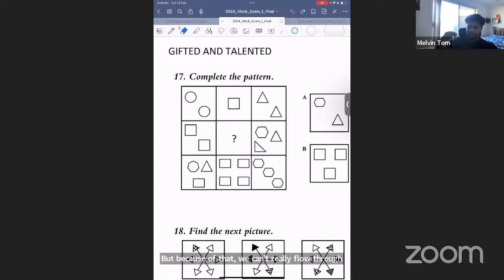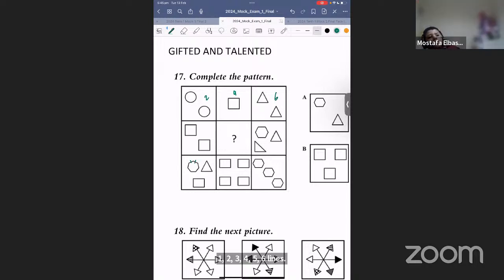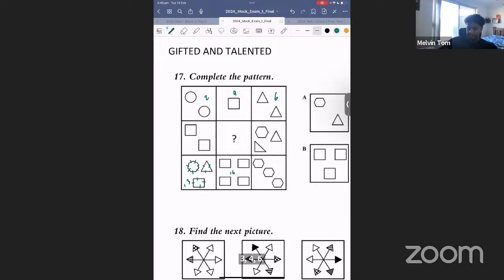So next, let's look at sides, or lines: the number of straight lines, the number of curved lines. Here we have 2 lines, we have 4 lines, and we have 6 lines. 2, 4, 6. Then 13 lines, and we have 4 times 4, 16 lines, and then 6 times 3 is 18 lines.